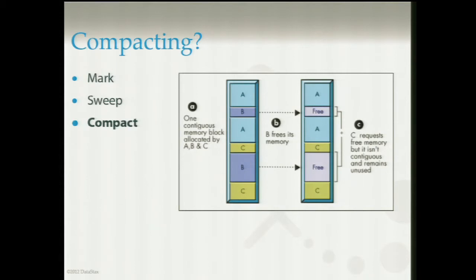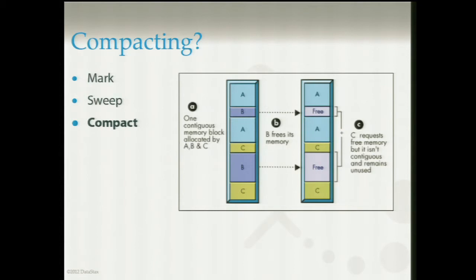If I have 10 megabytes of free space spread across a lot of these little holes, and then Cassandra says, hey, I'd like to allocate a 10 megabyte array, it can't fulfill that request until it combines those holes. That combination is called compacting, and it's painful because the garbage collector has to relocate other objects in memory to do that compaction process.